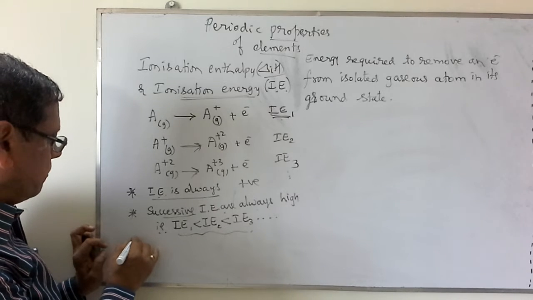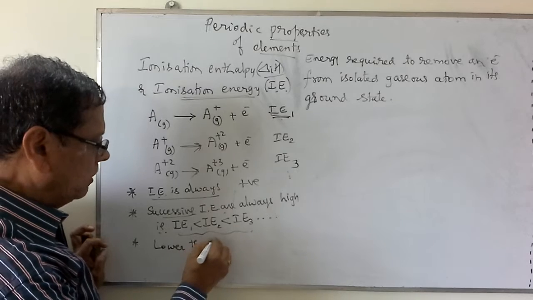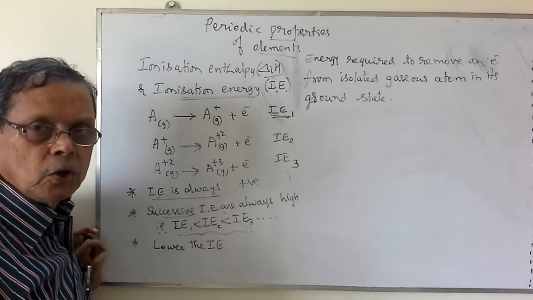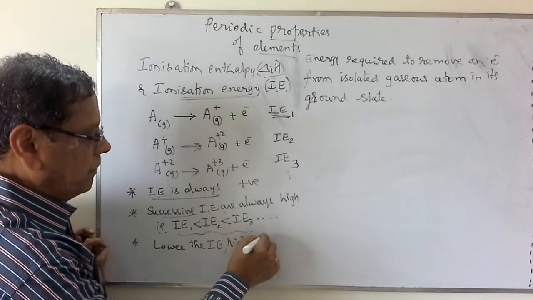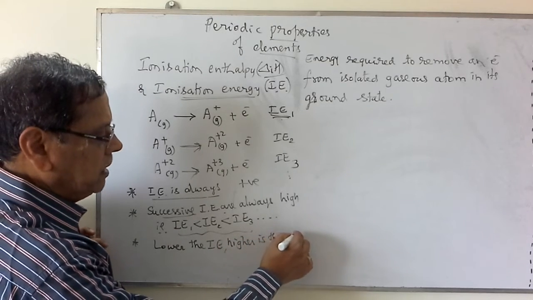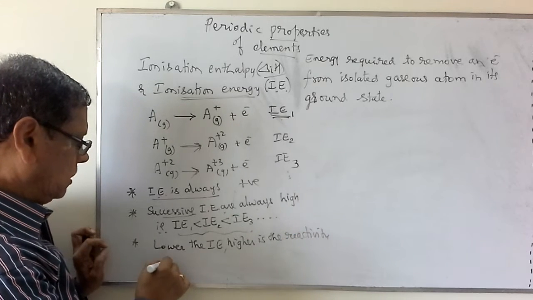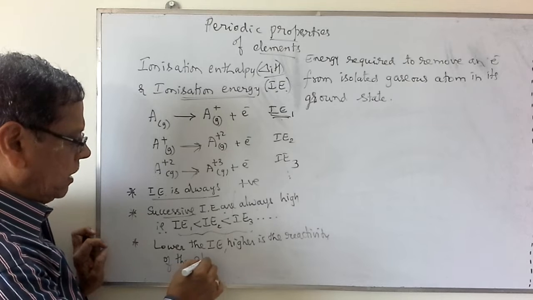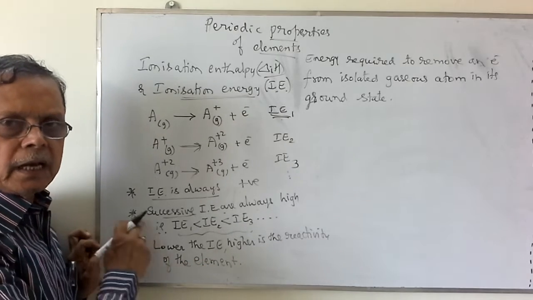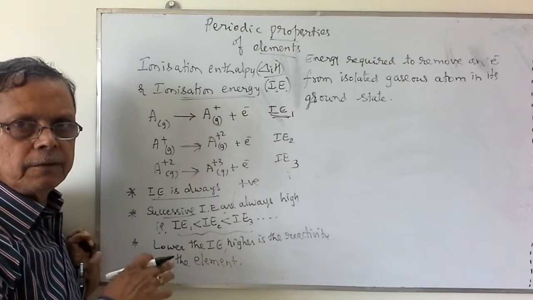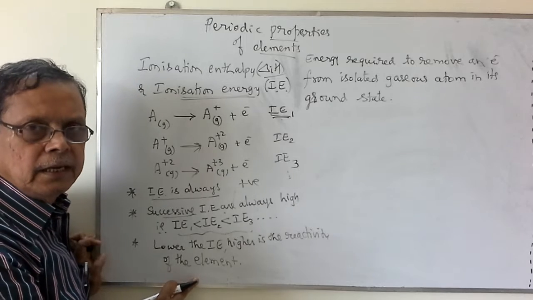Then the third important point is, the lower the ionization energy, the higher is the activity or reactivity of the element. For example, all alkali metals in their particular periods have very low ionization energy.